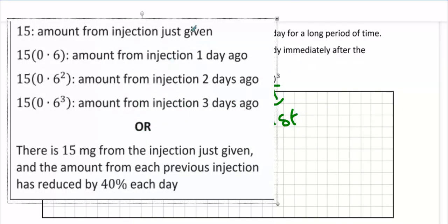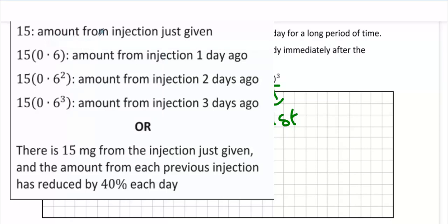Just to summarize what I just said, 15 is the amount of injection just given, which is the fourth injection. 15 multiplied by 0.6 is the amount from the injection 1 day ago. 15 by 0.6 squared is the amount from the injection 2 days ago, and 15 by 0.6 to the power 3 is the amount from injection 3 days ago. So the total amount in your body would be the 4 terms added together.